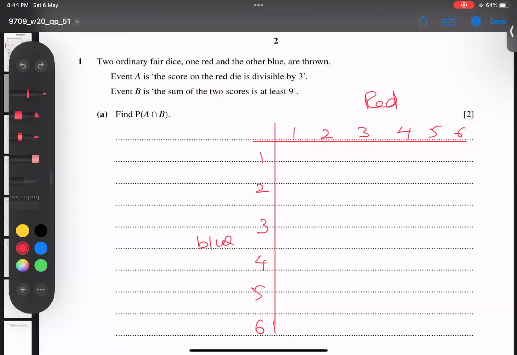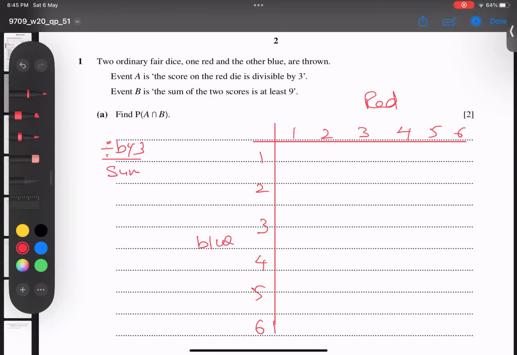We have two ways: one, make a separate diagram, or second, do it with the same one. So for example, I take divisible by 3 as the numerator, and the sum as the denominator.